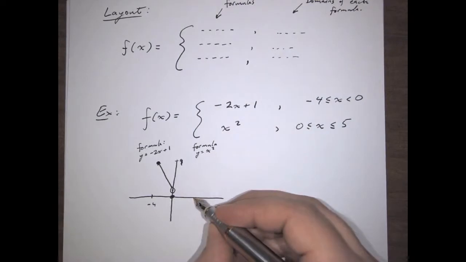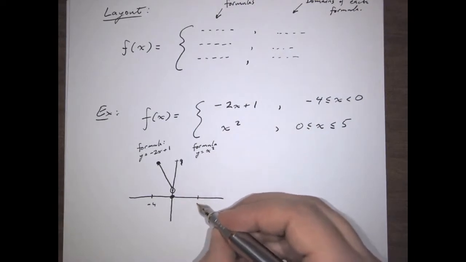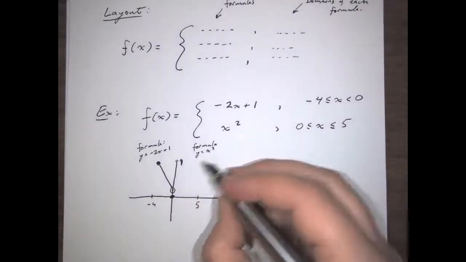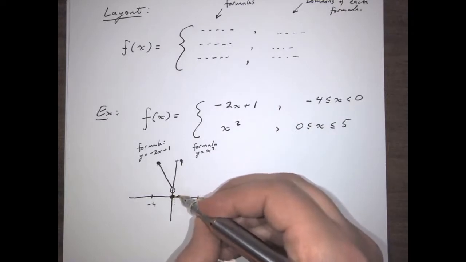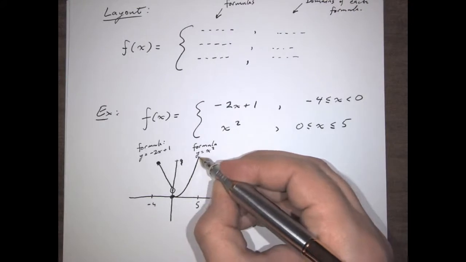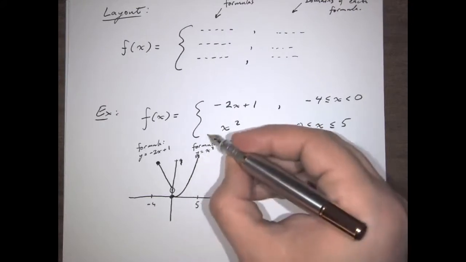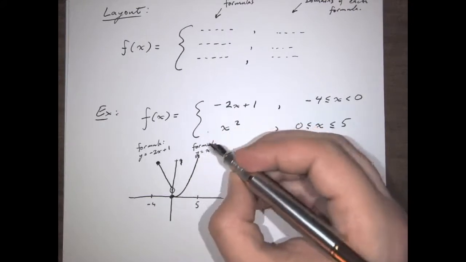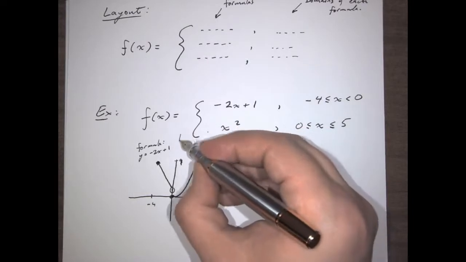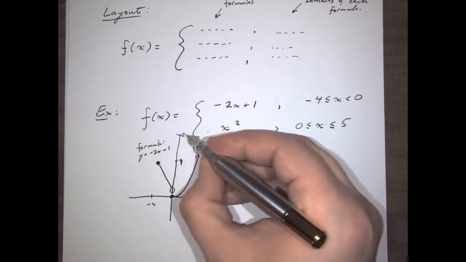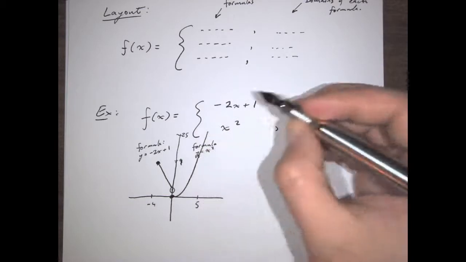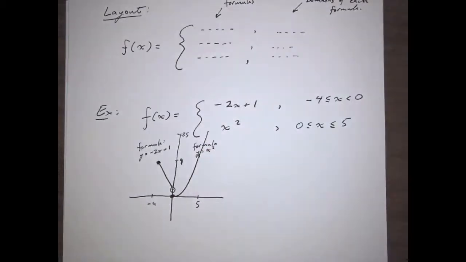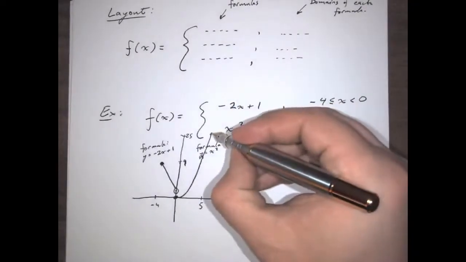Now the other side of things is the formula y equals x squared, which is famous. It's a parabola, and it's just going to go up and up until it reaches 25. My budgeting of space was a little bit unwise there. Happens sometimes. Oh well.